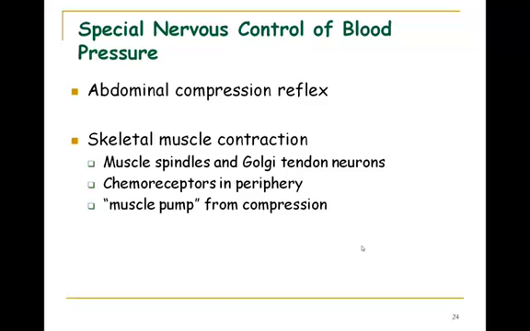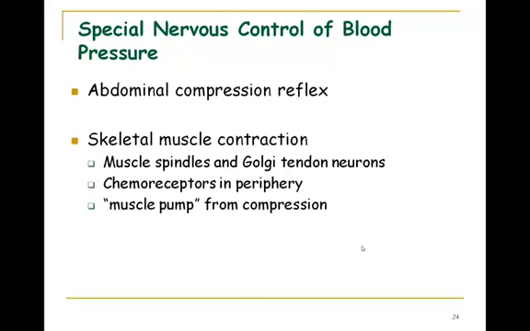You also have the actual contraction of your skeletal muscles. You have a muscle pump from the compression of skeletal muscles. So from the movement, that helps to ensure more return of blood back up to the heart to increase venous return and increase cardiac output. You also have sensory receptors within the muscles themselves.